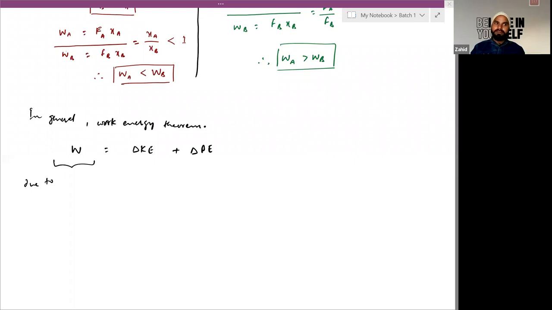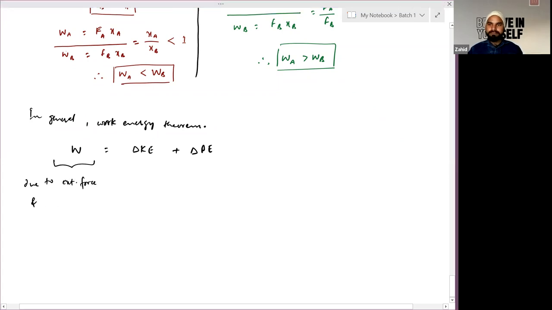So this work done will be mainly due to external force and due to any non-conservative force. Kinetic energy change will be kinetic energy final minus kinetic energy initial. Change in potential energy will be of two different types.